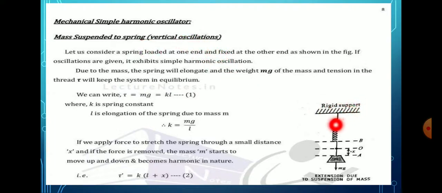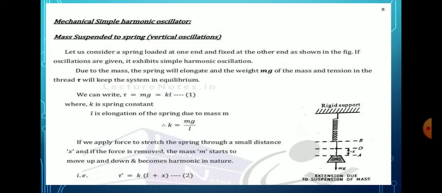Consider a spring whose upper end is fixed to a rigid support, and let a mass m be attached to its lower end, due to which a load mg acts on the spring vertically downwards.